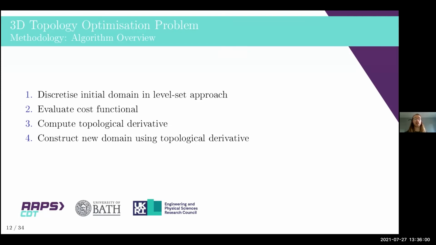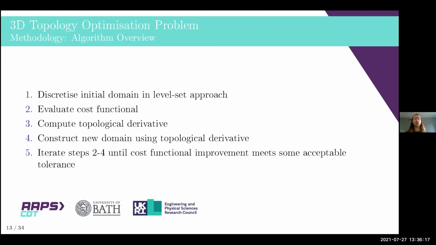At each stage, we evaluate our cost functional to see how this design holds up in terms of stiffness and conductivity. We then compute our topological derivative, which at this stage would just be putting numbers in and computing because we would already have derived it. Then using this, we can construct our new domain and iterate those steps until the change in the cost functional falls below some acceptable tolerance.